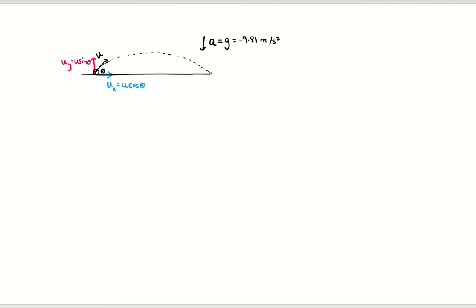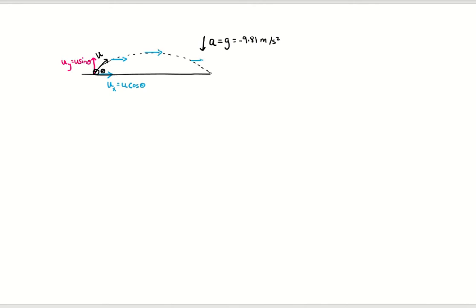So what will happen is that you need to think about this motion in each direction separately. If you are talking about what's happening to the x component of the velocity, look at the acceleration. This vector is not going to affect this vector by any means, okay? Which means that the horizontal value of the initial velocity is going to remain constant through the whole journey.